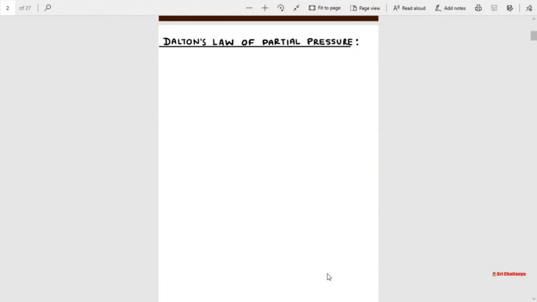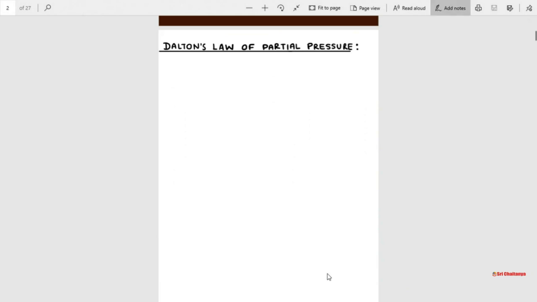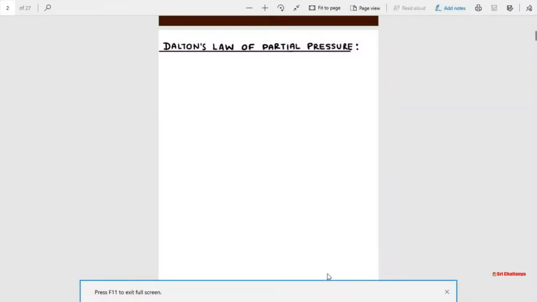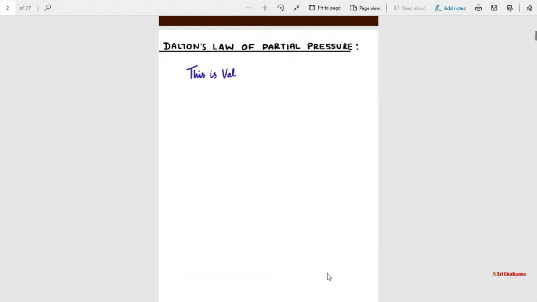The first thing we should be aware about Dalton's law of partial pressure is, this is valid for non-reacting gaseous mixture.